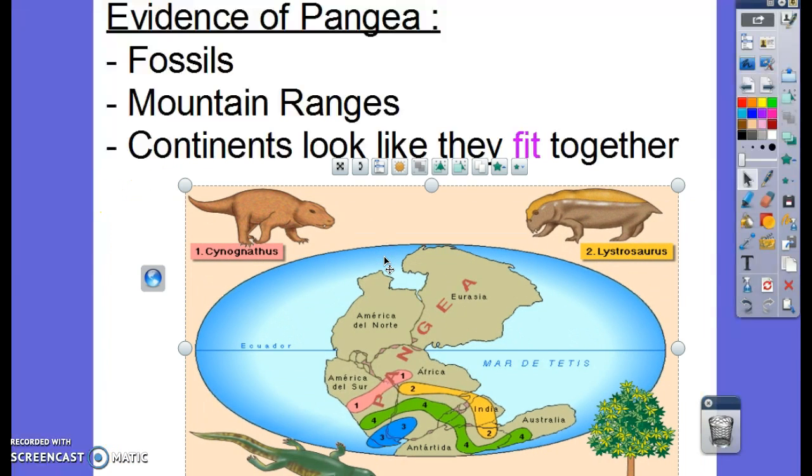When we put the continents together, there are mountain ranges that span across continents. They match up. And then they just look like they fit together, right? We're going to do a puzzle where you guys see that they really do fit together. So this is why scientists believe that Pangaea existed.